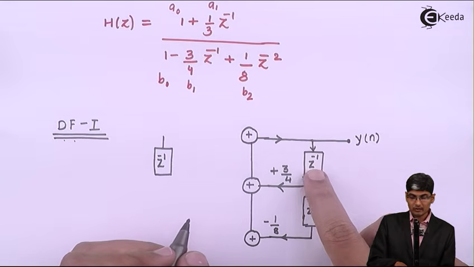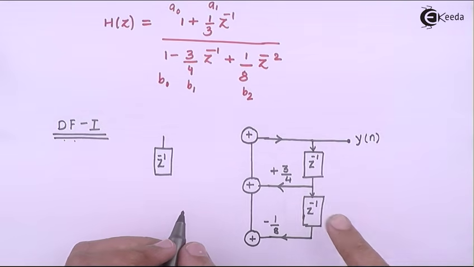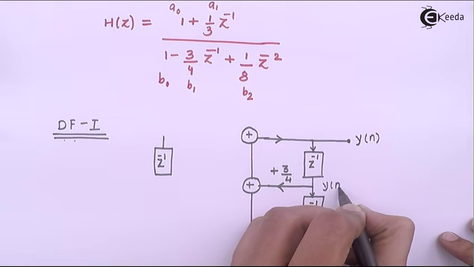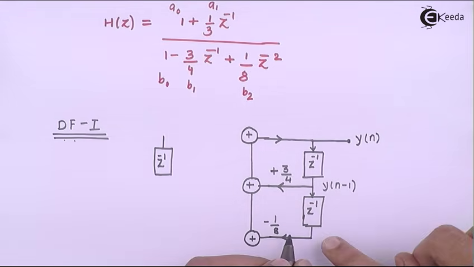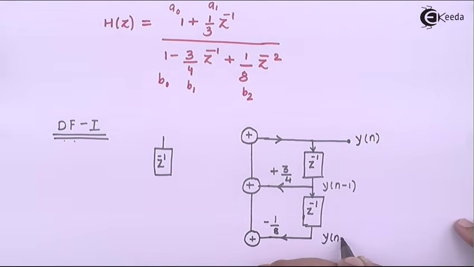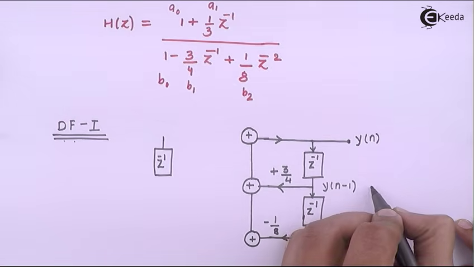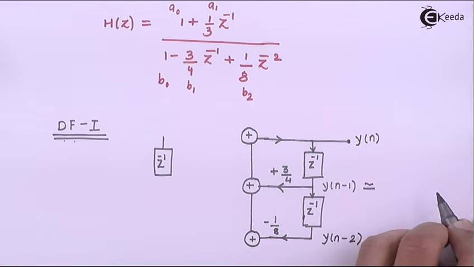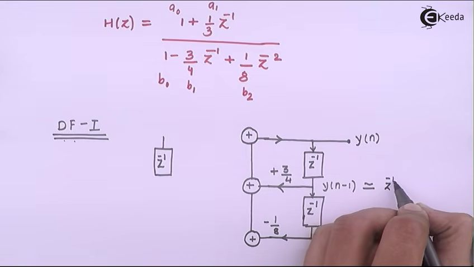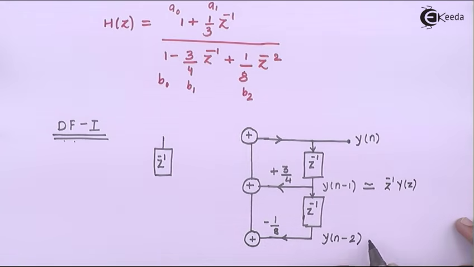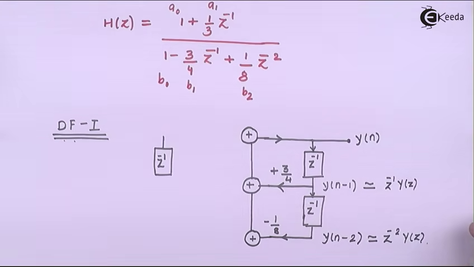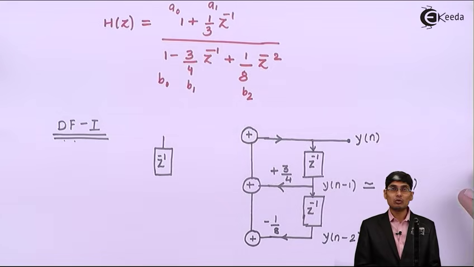So y of n will be coming in this block and becomes y of n minus 1. Then it will go further and becomes y of n minus 2, which is equivalent to z inverse y of z, and also equivalent to z raised to minus 2 y of z. So this is how the denominator part is over.